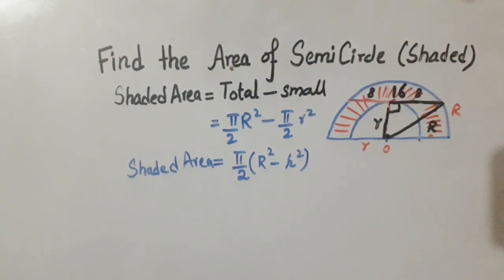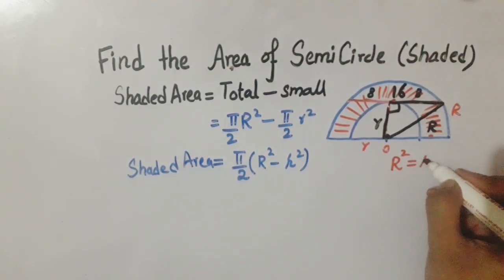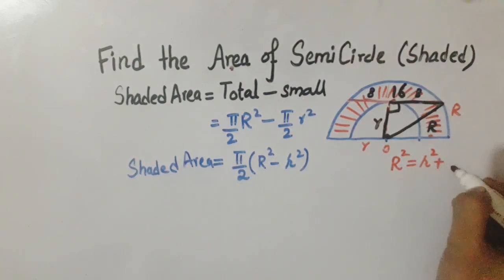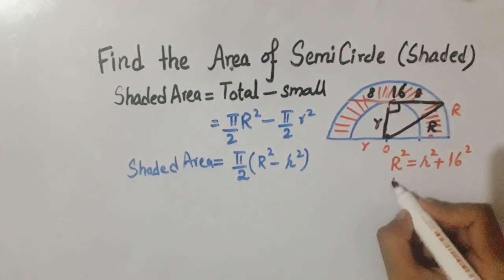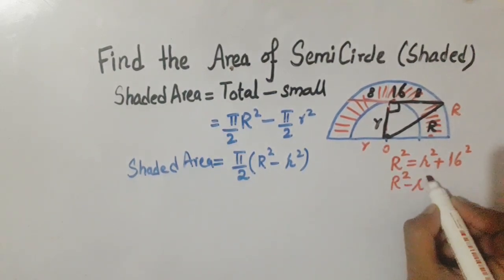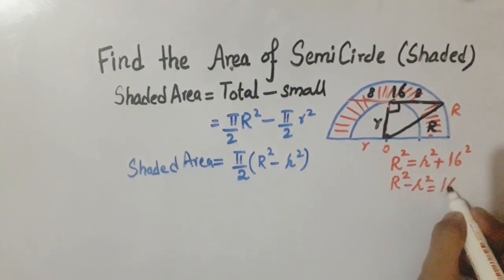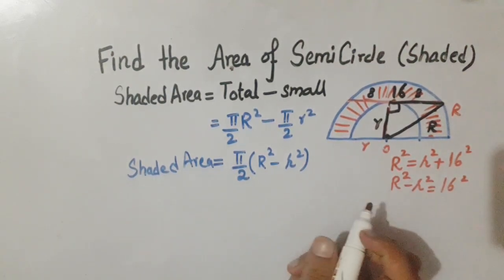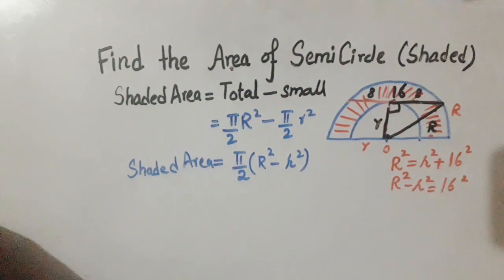So by Pythagoras theorem we will write capital R square equals small r square plus 16 square. So capital R square minus small r square from this diagram will be equal to 16 square. So we will substitute this value in this equation.